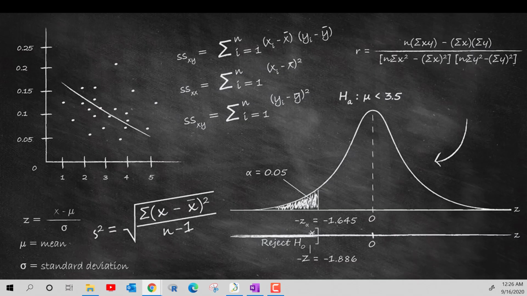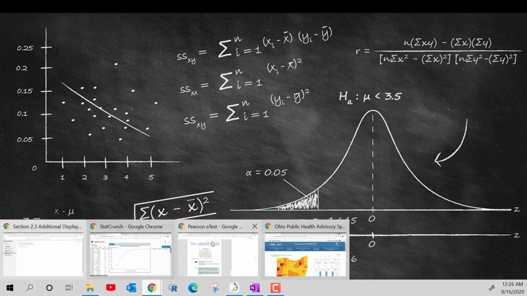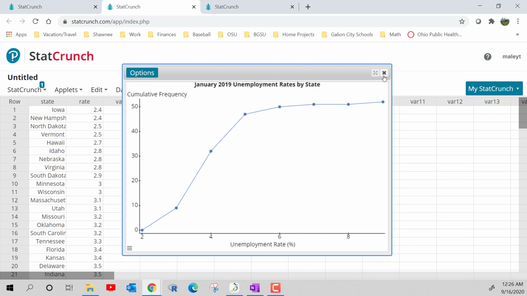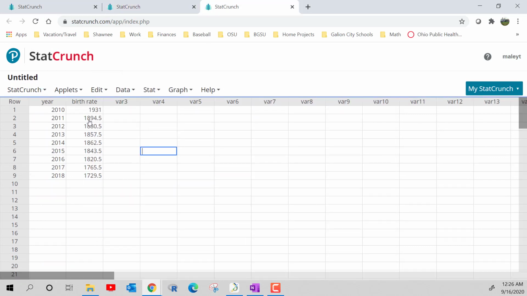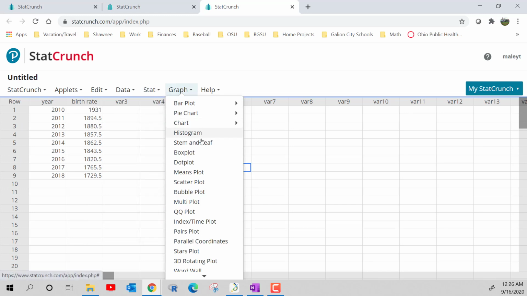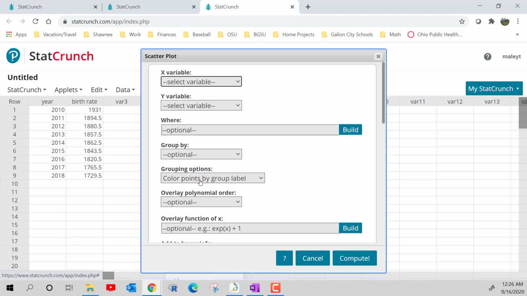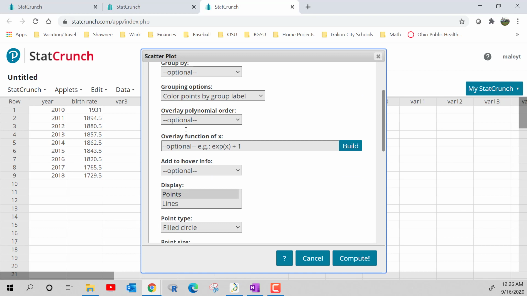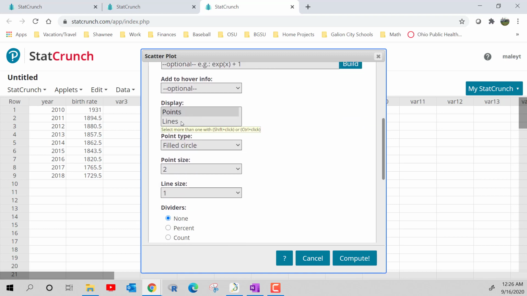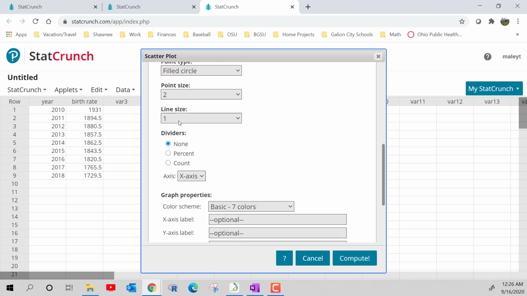So if I pull in StatCrunch, this tab is the data that I have posted, and what you're going to do is go to Graph and then Scatter Plot. My x variable is going to be year. My y variable is going to be birth rate. And then we're going to want to select display points and lines. So hold down Control and click that.